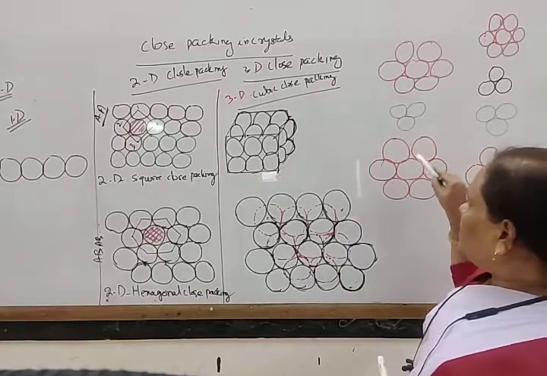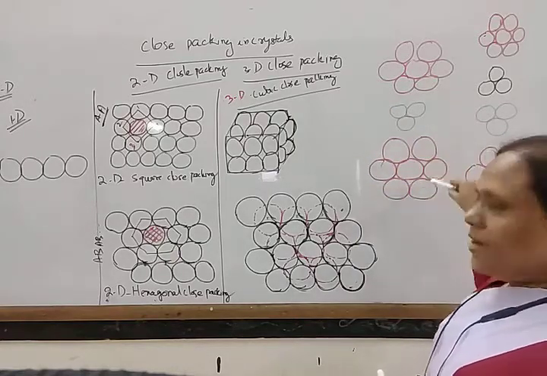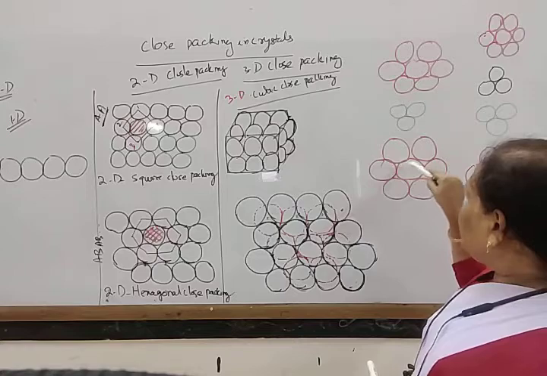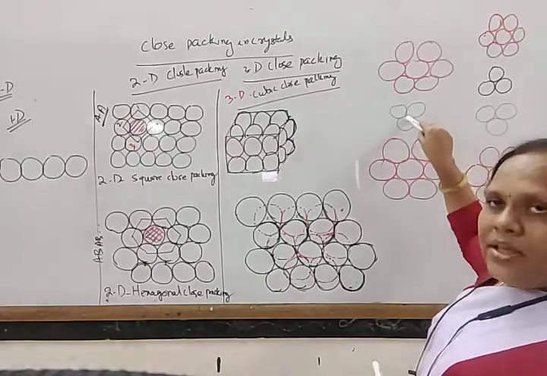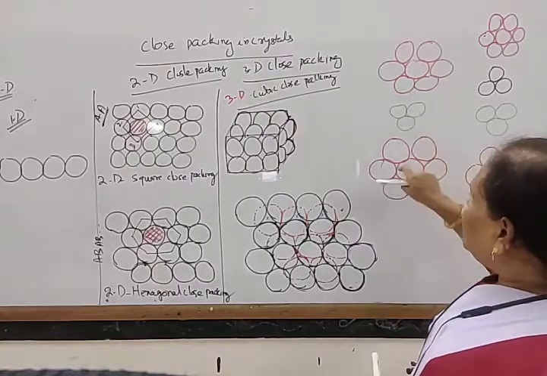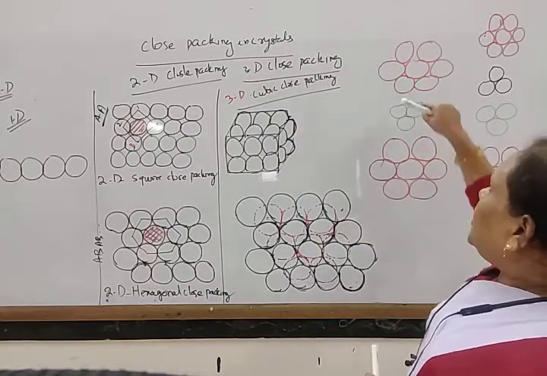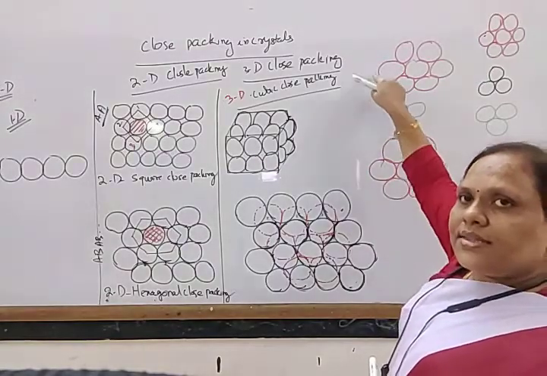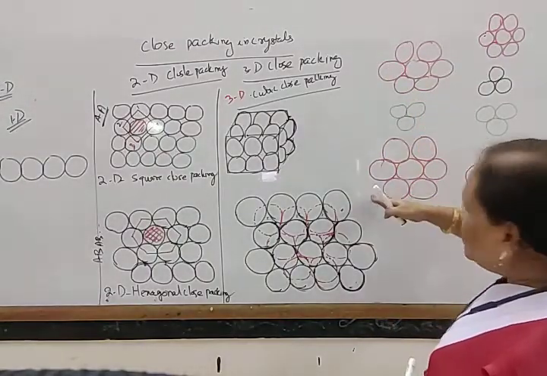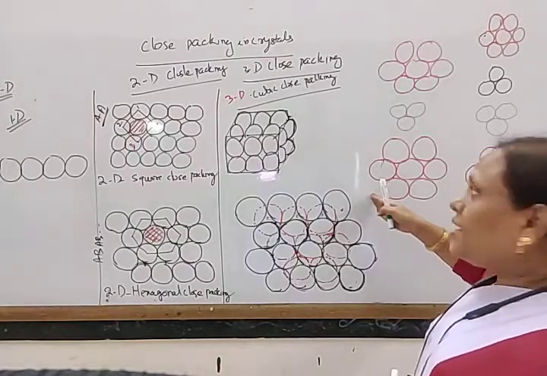Look here, just given. Here is one hexagonal layer, and in between them, suppose this and this are given, and this one is covered by this green color, but these two are not covered. And again, this is the first layer, this is the second layer, and then the third layer, which is similar to the first layer.